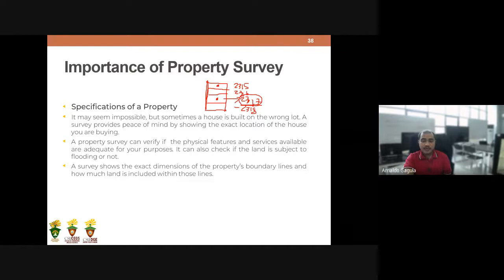Okay, mo lagi daw iyang i-occupy. Pero pag plot karon tuwa sa pikas, no, kasilingan dahil niya. So, nga na nga tendency. So, munang important si property survey. Next is a survey shows the exact dimensions of the property's boundary lines and how much land is included within those lines. That's why si property survey is important.